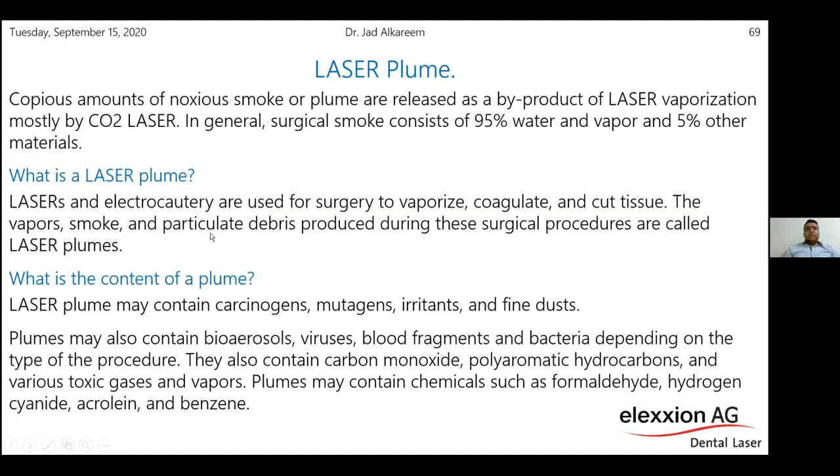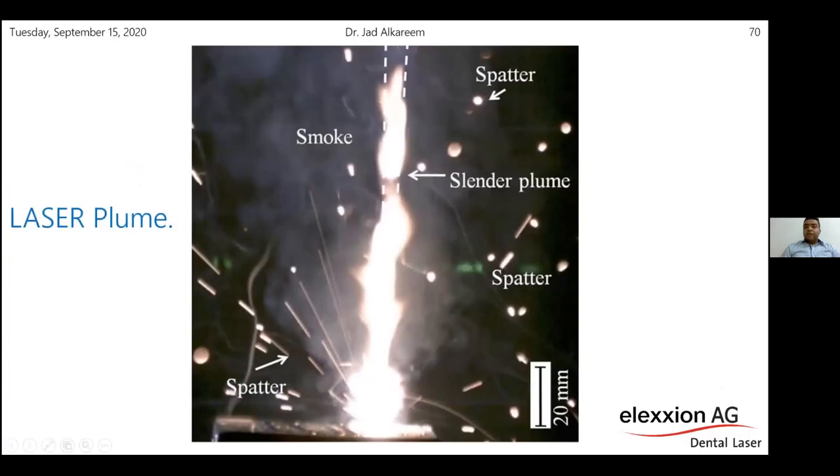The laser plume, like a smoke, sometimes includes some dust, blood fragments, bacteria, and maybe sometimes viruses. So it is better to use a suitable face mask to protect yourself from the laser bloom.